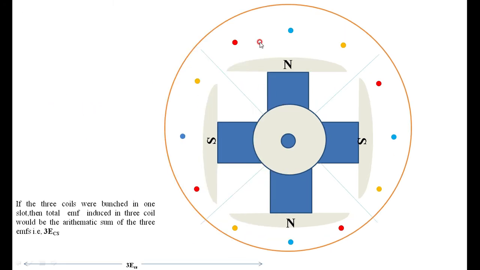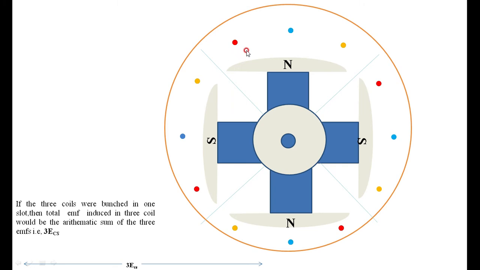Whereas here I have only one slot under one pole for each phase, that is, there are 3 slots under each pole, and each slot is meant for each phase. This is for R phase, B phase and Y phase.